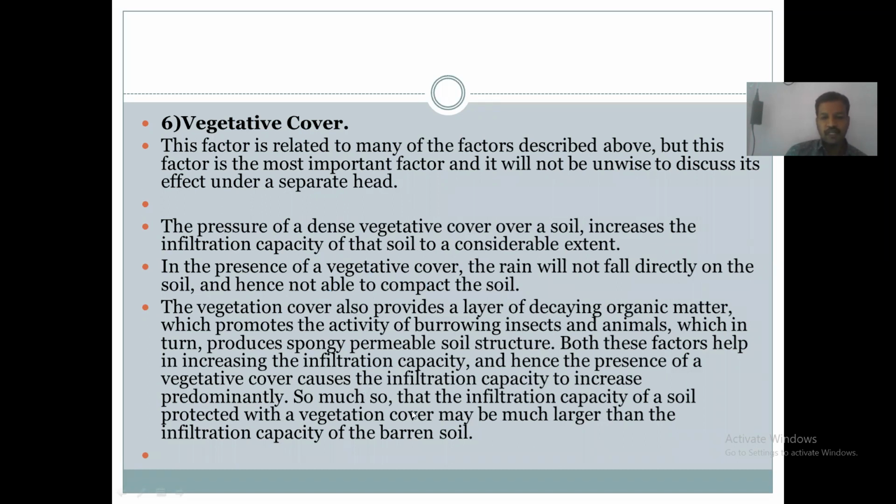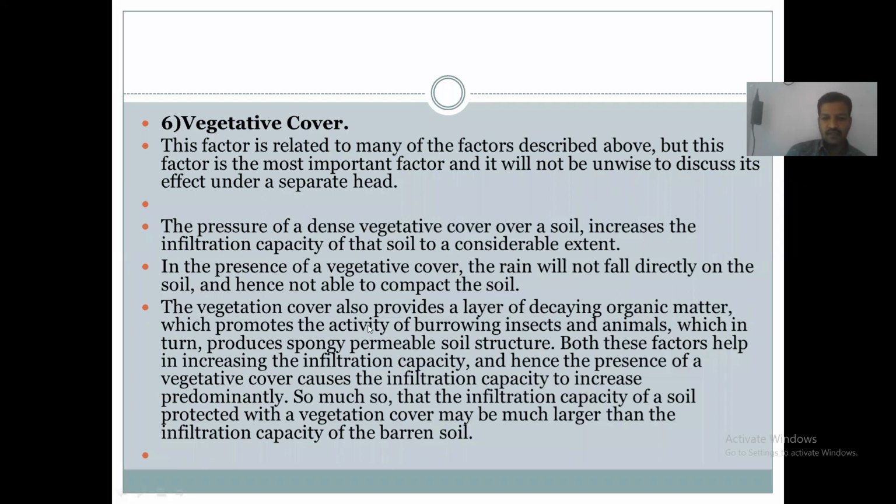This vegetation cover also provides a layer of decaying organic matter. Due to this vegetation cover, the activity of burrowing insects and animals is promoted, which leads to a spongy, permeable soil structure.